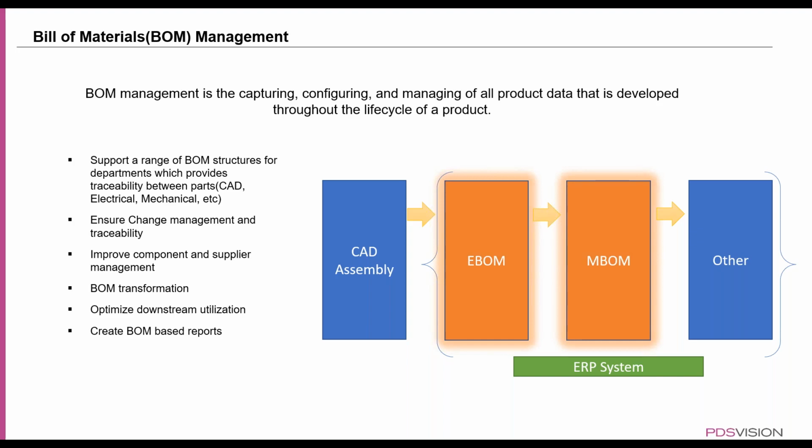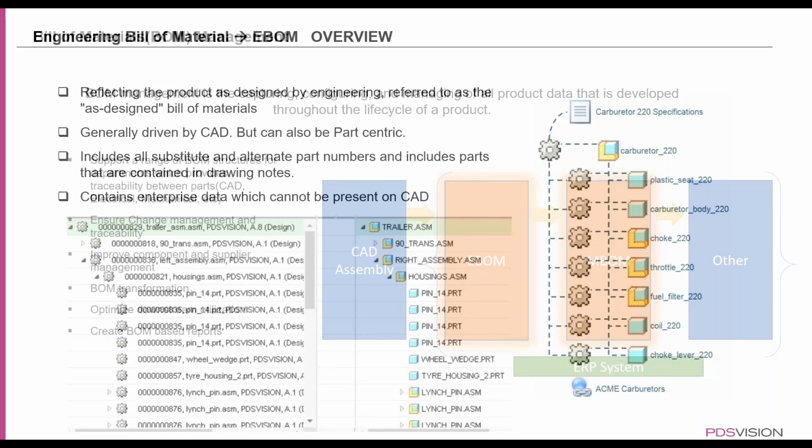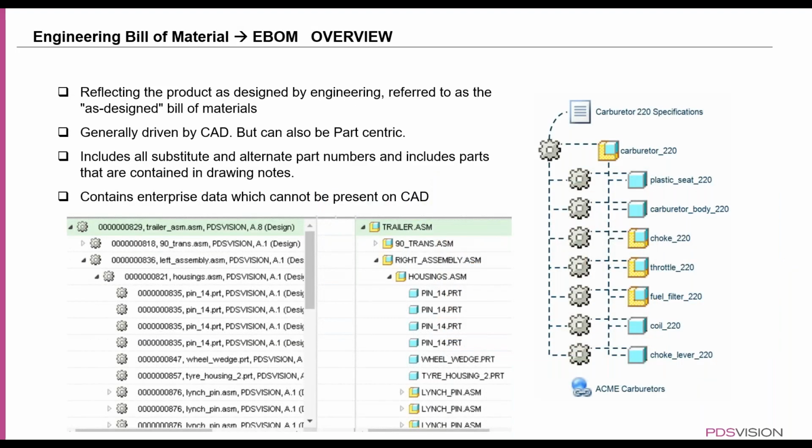So for today, we'll be focusing on the e-BOM to mBOM transformation of that BOM, right? And just to expand a little bit on the e-BOM, the e-BOM basically captures the design information, or the design BOM, of your configuration.